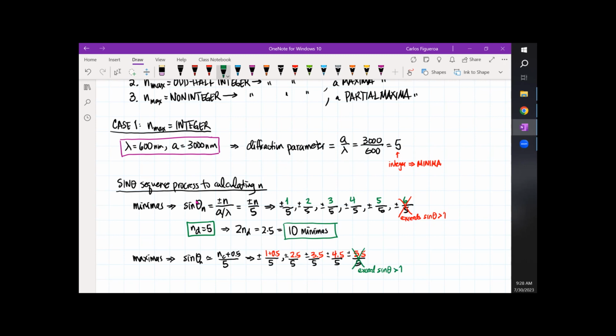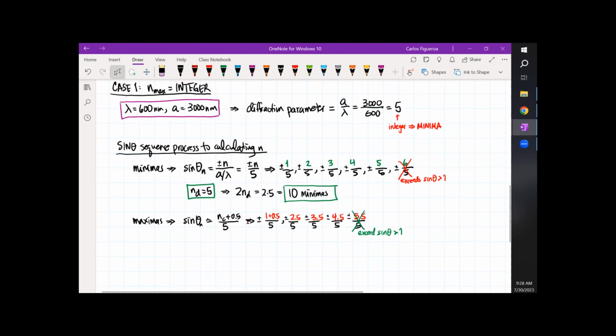So because I have 1, 2, 3, 4, that tells me immediately that NC is equal to 4. As expected, it is smaller.